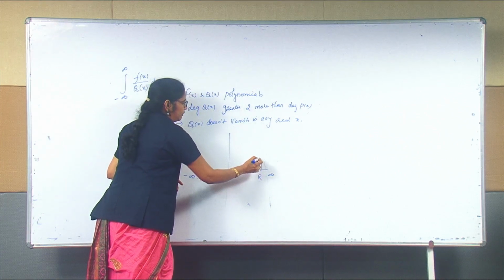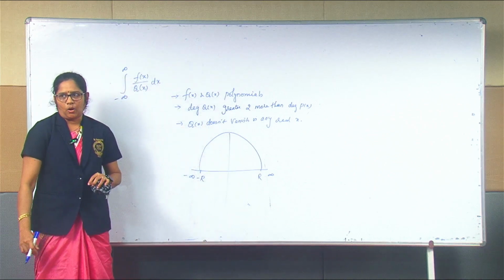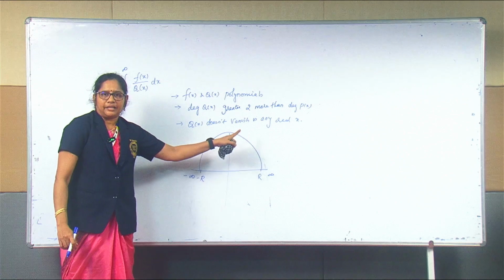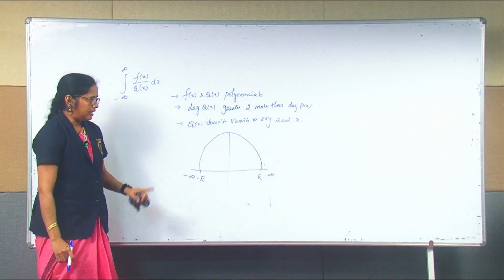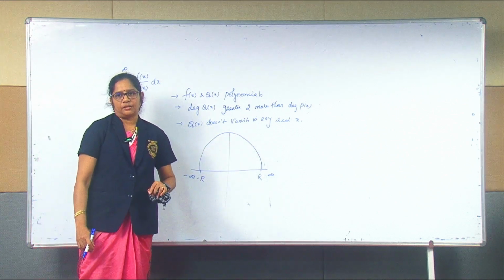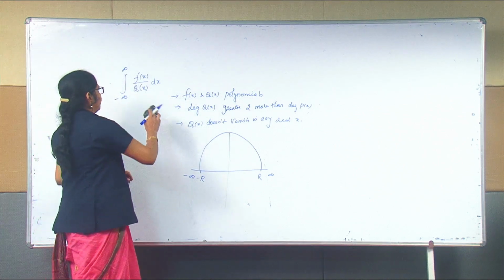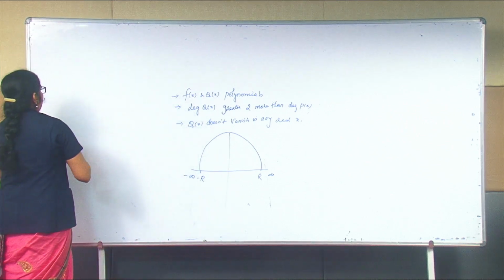Then I am covering the entire thing by anti-clockwise direction, r to r, r to minus r. Can you see a contour here? What is the contour you can see here? Which is the upper semicircle. So here our region of integration is the upper semicircle. That point alone we have to consider. In this concept we are going to solve a problem.